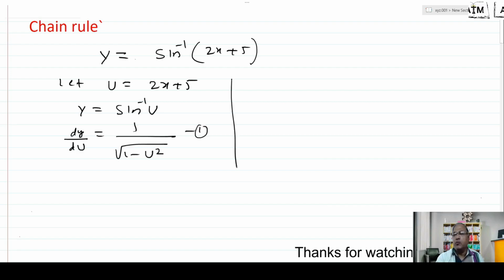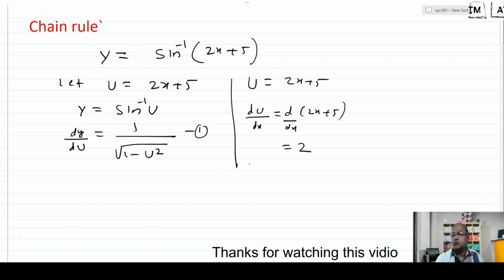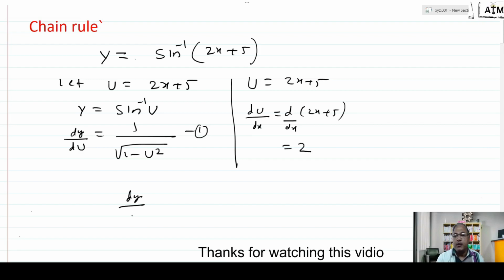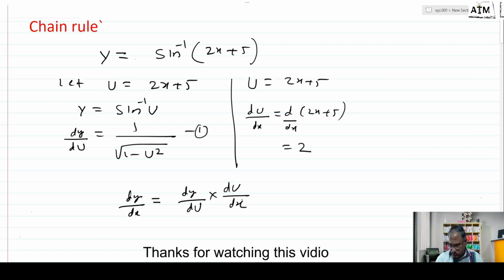Call it equation number 1. And u equals 2x plus 5, du by dx equals differentiation of 2x plus 5 with respect to x equals 2. dy by dx equals dy by du into du by dx.